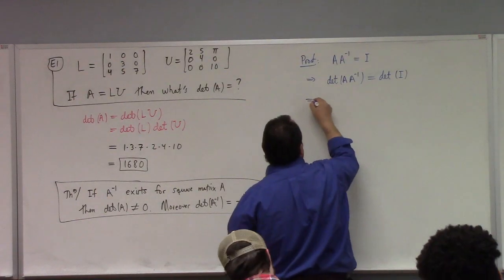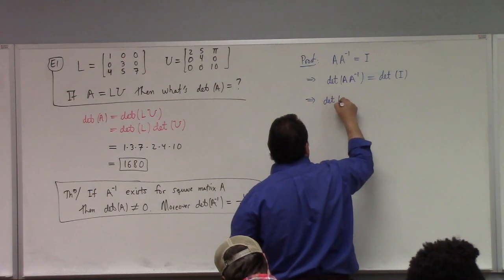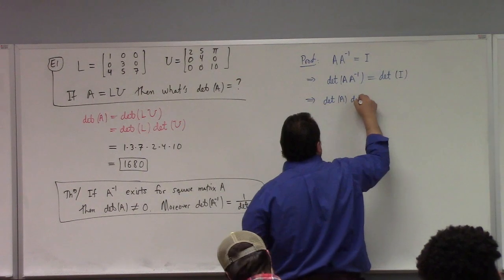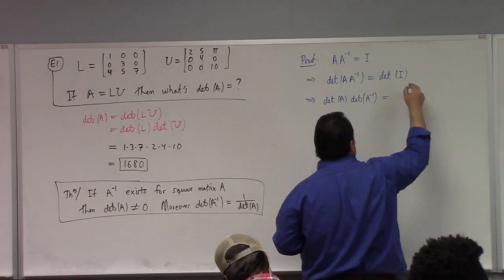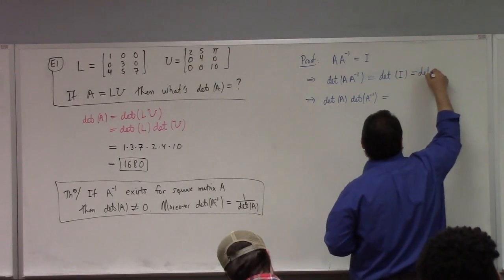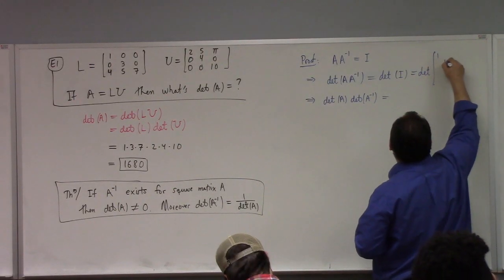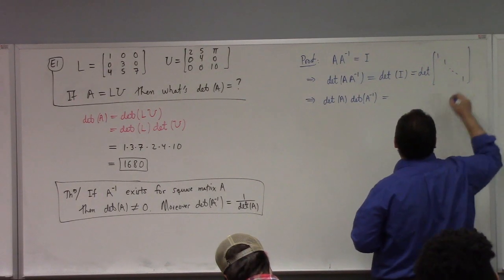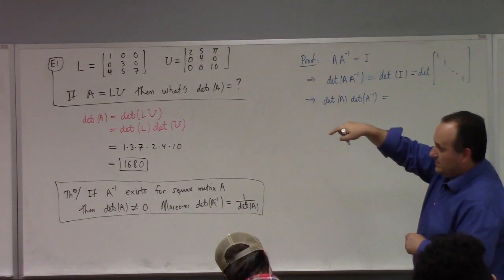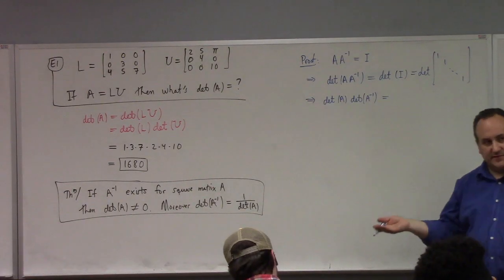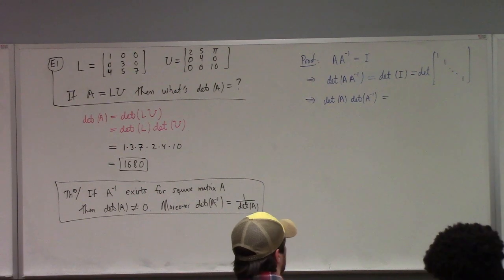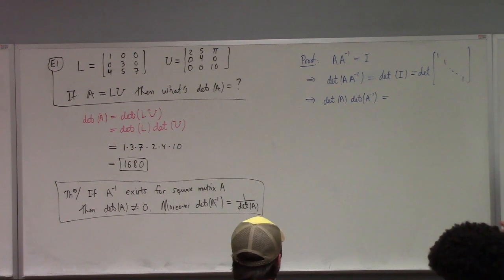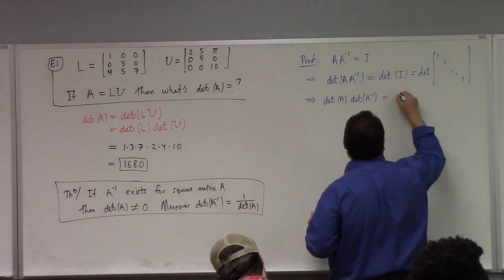But that tells us that the determinant of A times the determinant of A inverse is equal to, well, what's this? This is 1 down the diagonals, right? So by property 6, it's a diagonal matrix. The determinant of a diagonal matrix is the product of the diagonals, but the identity matrix just has 1s on the diagonal, so the determinant of the identity matrix is just 1.